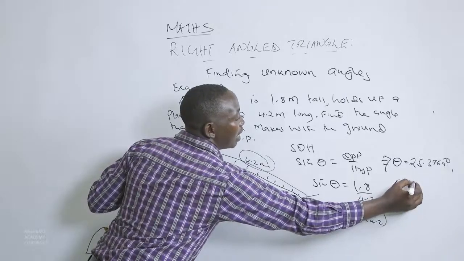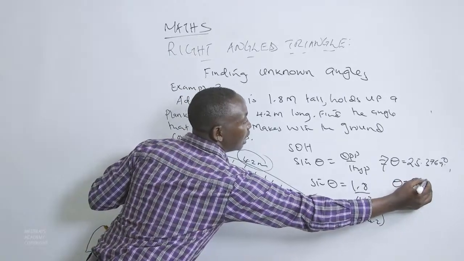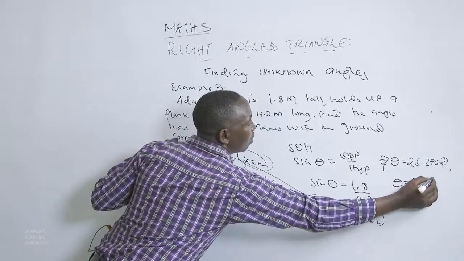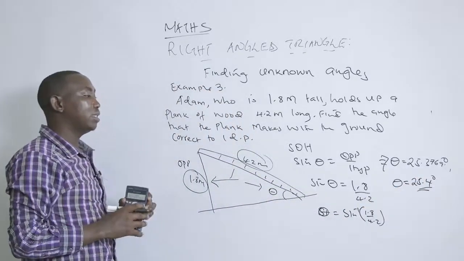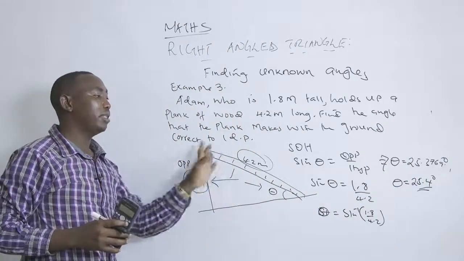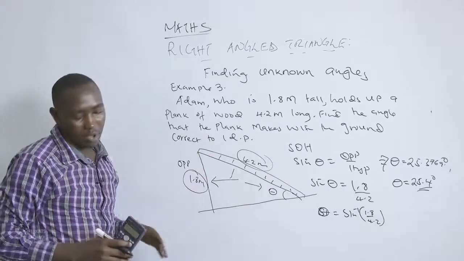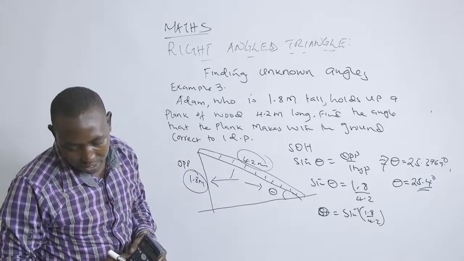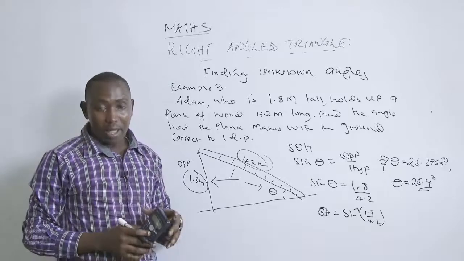Therefore the angle made will be 25.4 degrees. That is the angle that will be made by this plank of wood with the horizontal or the ground.